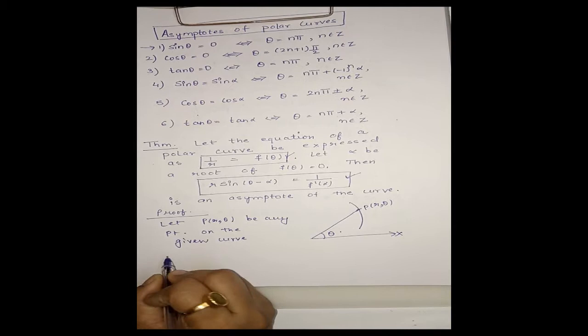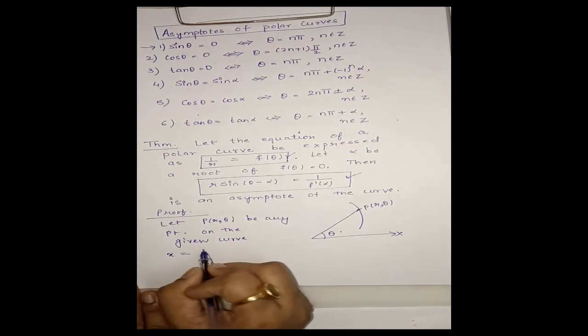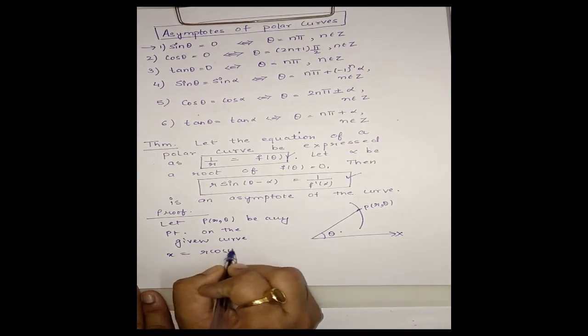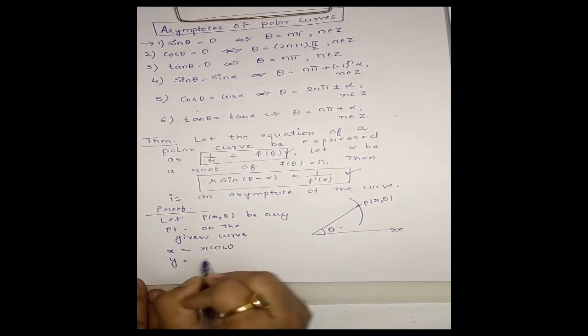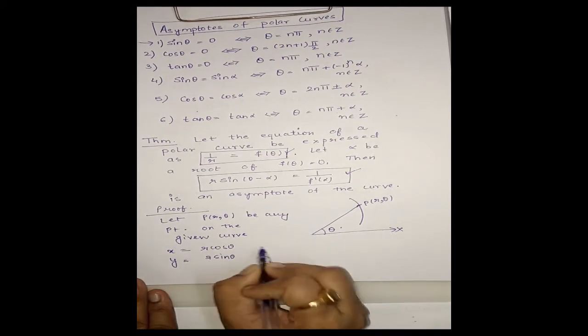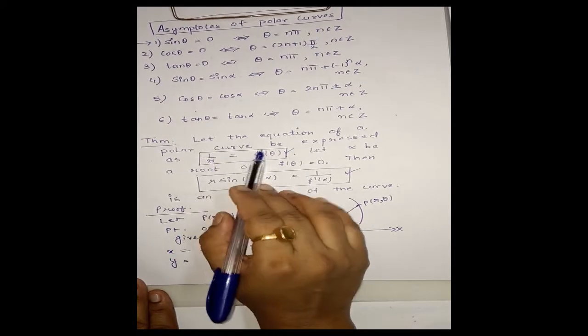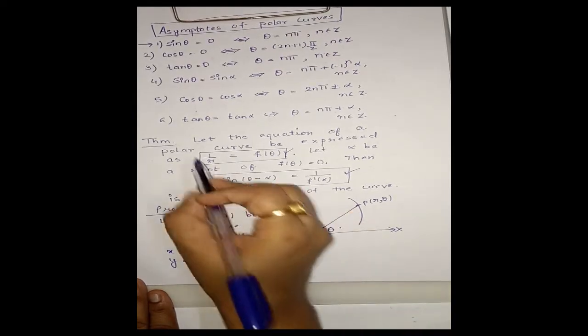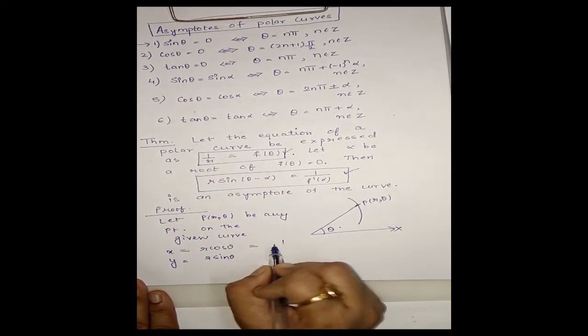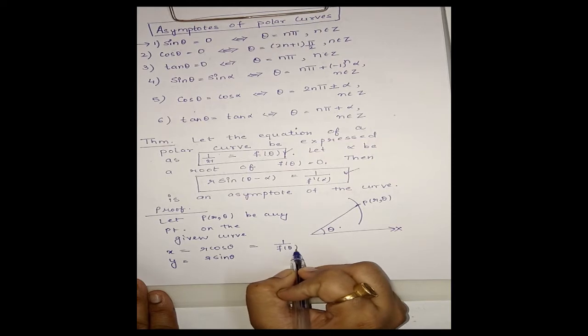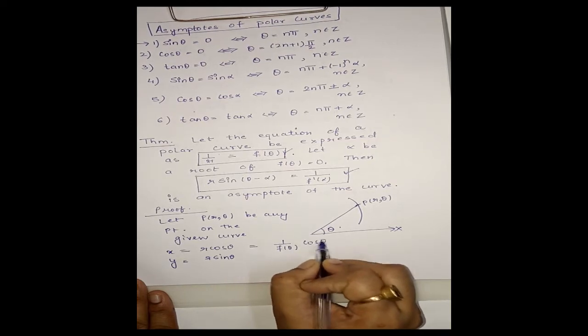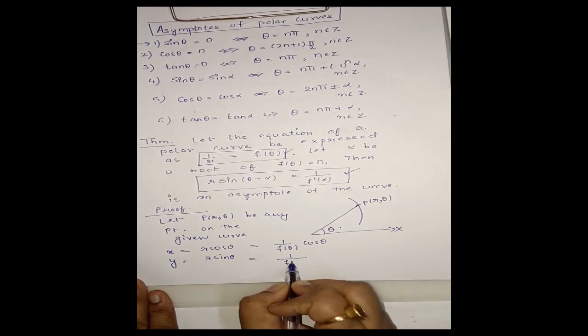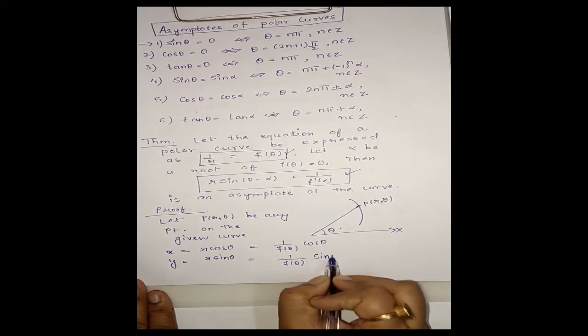Let P(r, theta) be any point on the given curve. Then x is equal to r cos theta and y is equal to r sin theta. That is, r is 1 upon f theta. So x can be written as 1 upon f theta cos theta, and y can be written as 1 by f theta sin theta.